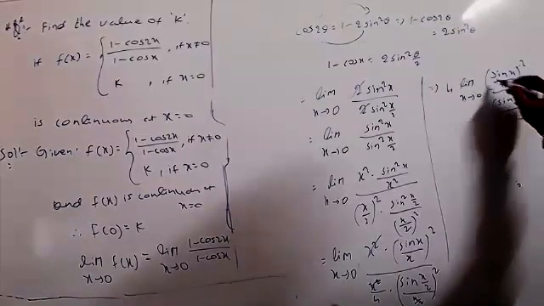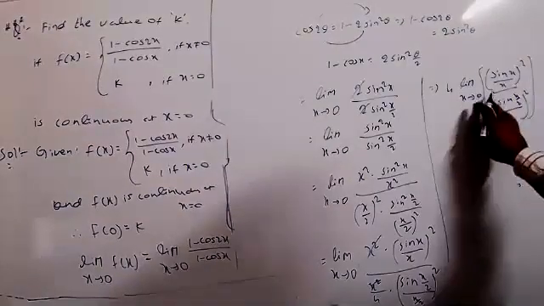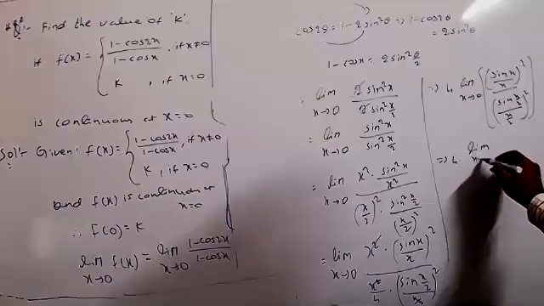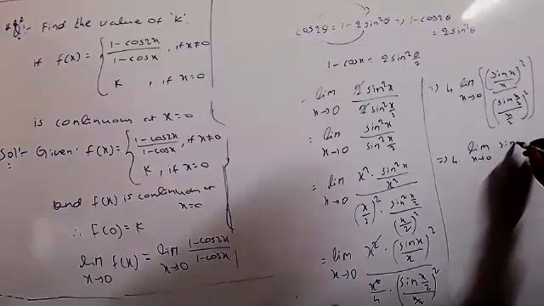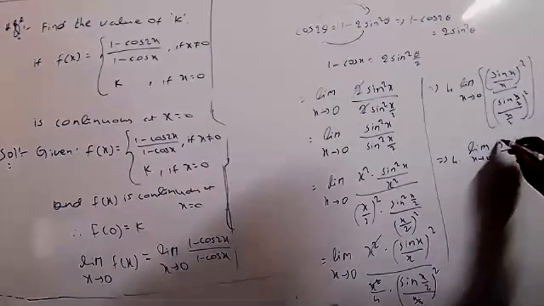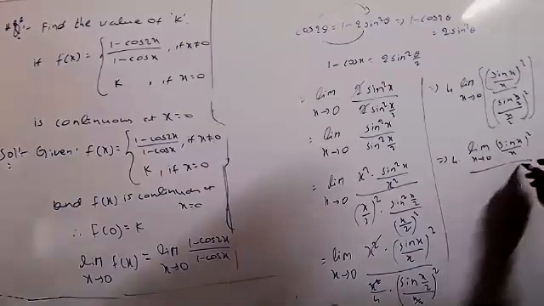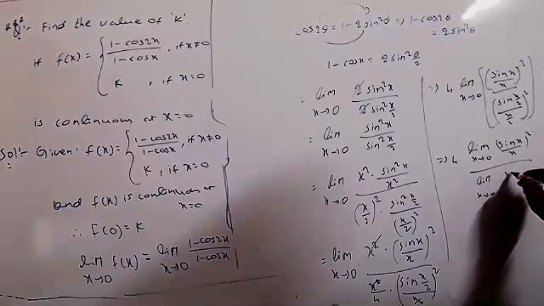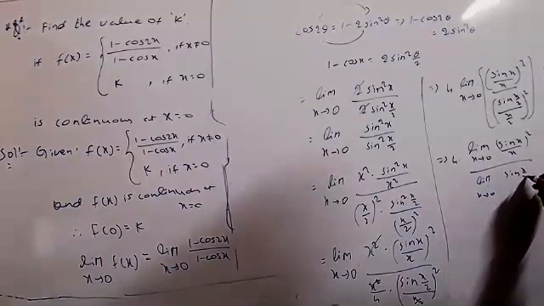Now this limit belongs to both of them. So write clearly: 4 into limit x tends to 0 of sin x by x whole square, whole by limit x tends to 0 of sin x by 2 by x by 2 whole square.